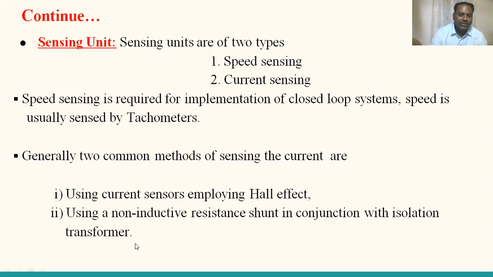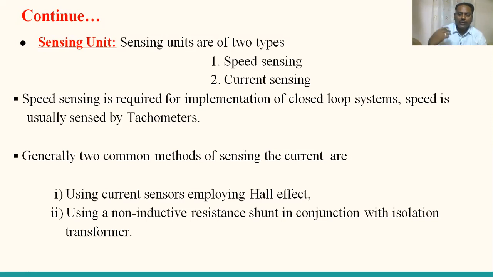This also indicates the increment of the current, and based upon that, the control unit will change the pulse so that the voltage will be changed. So the sensing unit is used exclusively when the type of control required is closed loop.